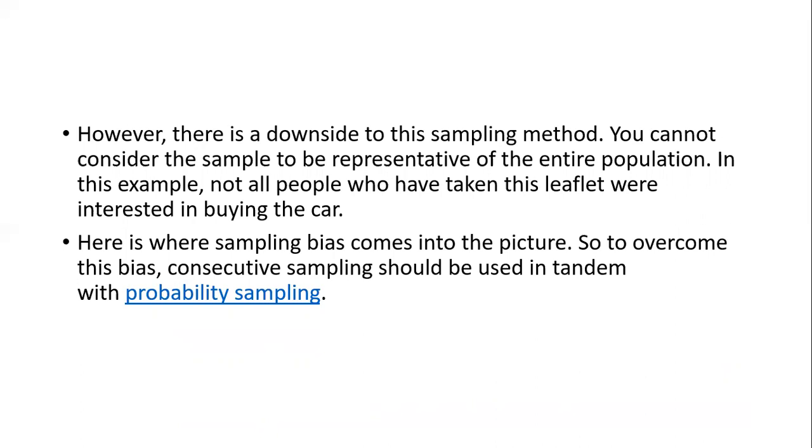To overcome this bias, consecutive sampling should be used in tandem with probability sampling. We have seen with convenience sampling also that if you want to reduce the bias, we should go with probability sampling. Just as a pilot study, we can go for this type of study where the population is huge. But to avoid this bias, we should always go with probability sampling.